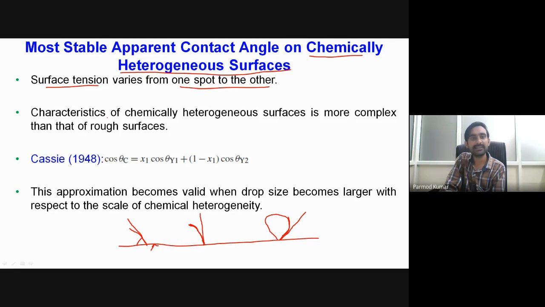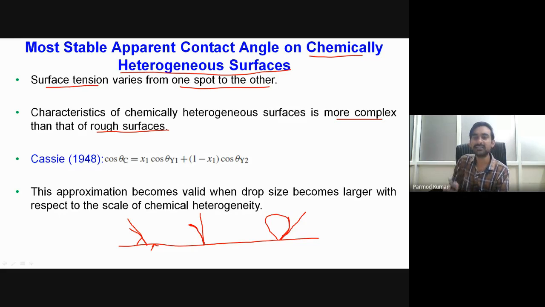Now, the characteristics of these chemically heterogeneous surfaces are very complex in comparison to the characteristics of rough surfaces. So, for chemically heterogeneous surfaces, one equation has been given by Cassie in 1948, which relates the equivalent contact angle of a droplet with reference to the contact angles obtained by Young's equation at different parts of the solid surface.